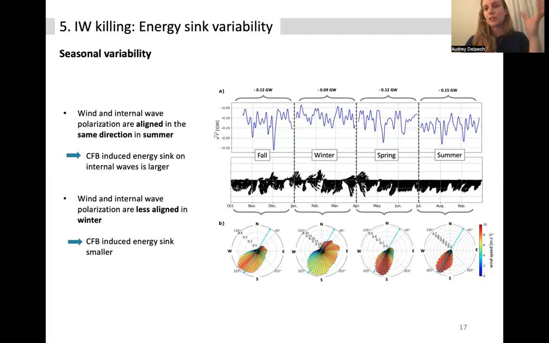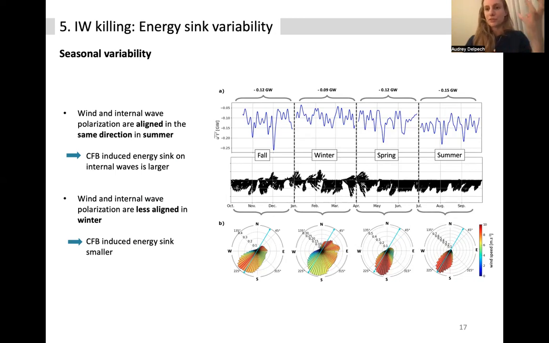On average, the currents associated with the M2 internal tides are aligned in the south-southwest direction, indicated by this blue arrow. As a result, the winds and the currents associated with the M2 internal tides are more frequently aligned in summer compared to winter, and that could explain why the energy sink is stronger in summer than in winter.